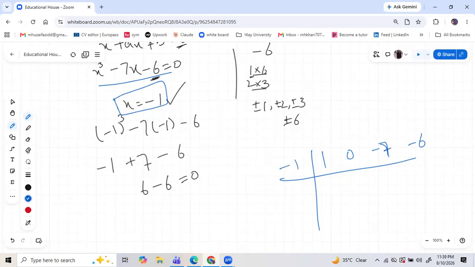This is minus 1, sorry, this is here, and this is plus 1. So 1, this is 2, this is 2, and this is 5, this is equal to minus 1. Can you get it?